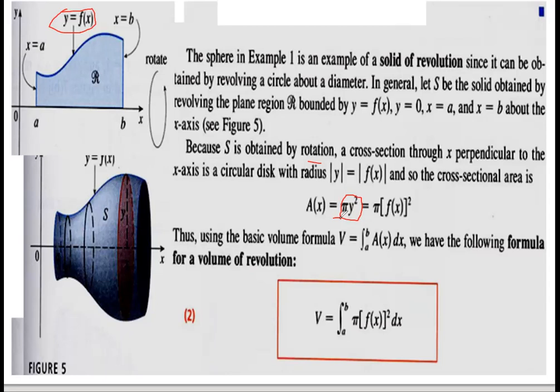So if you watch that circle, it's as though the radius is y, so the area of the circle is going to be pi y squared. Now remember y and f of x is the same thing, so it becomes this.